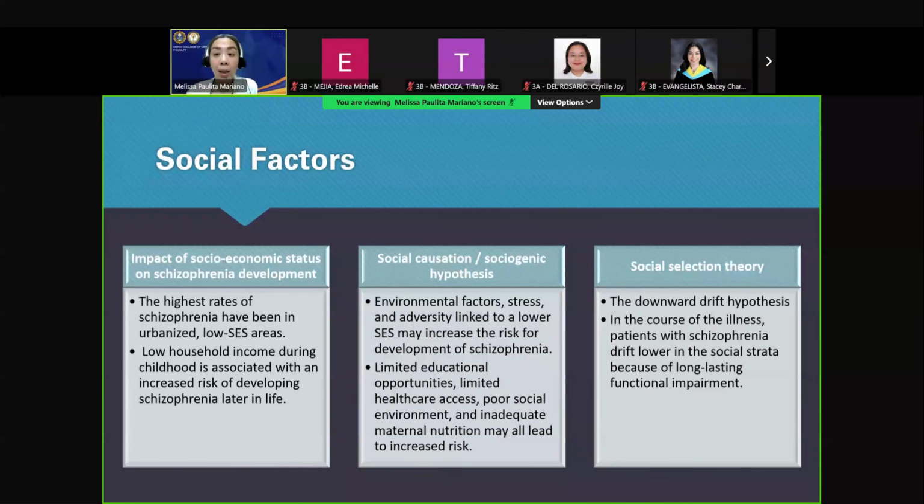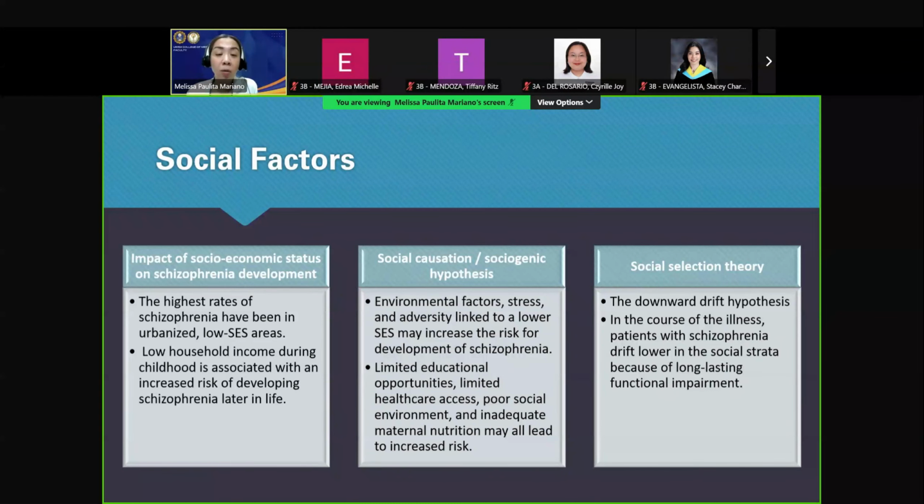On the contrary, the social selection or the downward drift hypothesis states that the presence of schizophrenia causes people to not do as well as they could have done if they hadn't had schizophrenia. So the schizophrenia, which occurs early in life, in itself will lead a patient not to develop economically as well as other people without schizophrenia.